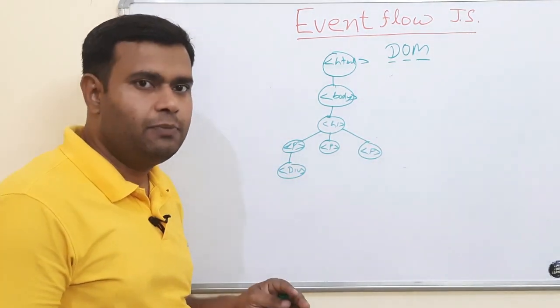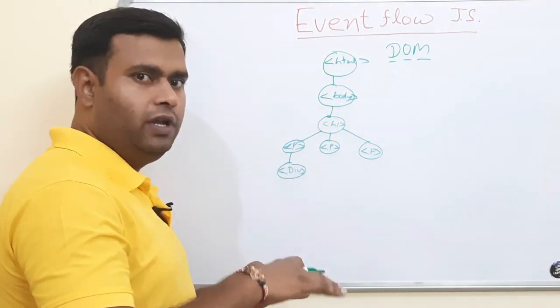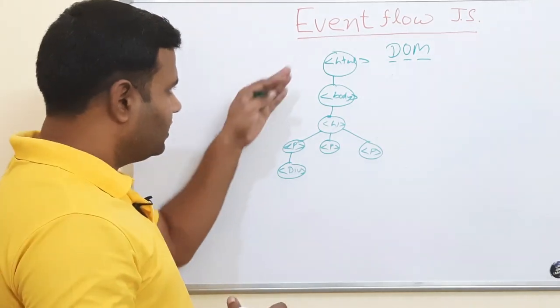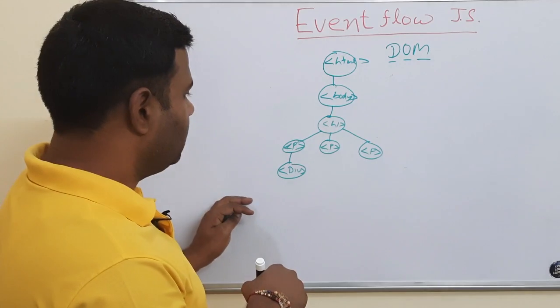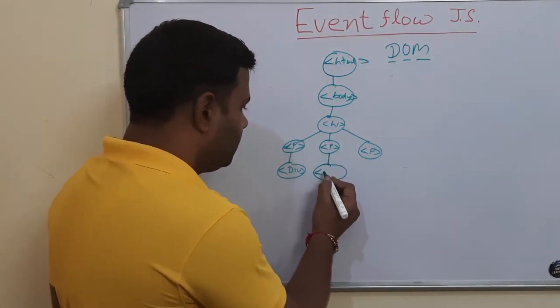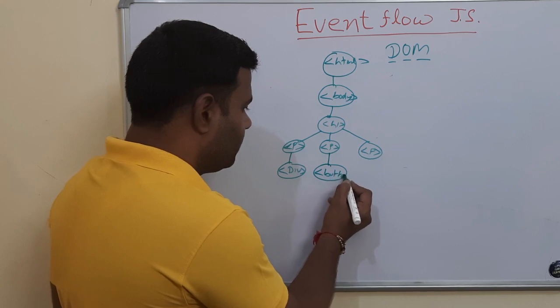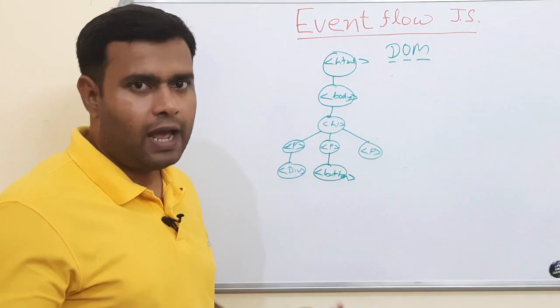When you write your HTML file and that file is loaded in memory, it draws this type of architecture. When you click on something, for example within this paragraph we have a button, when you click on this button something happens.